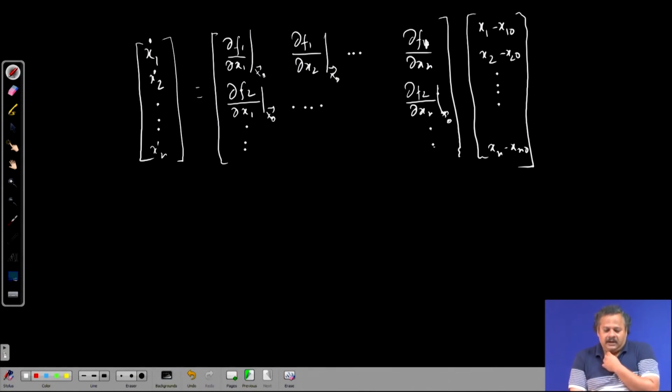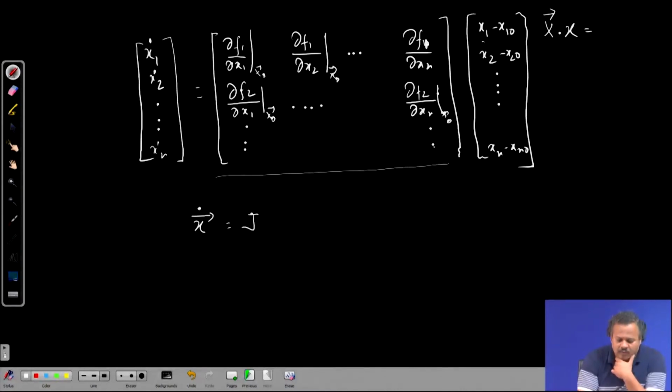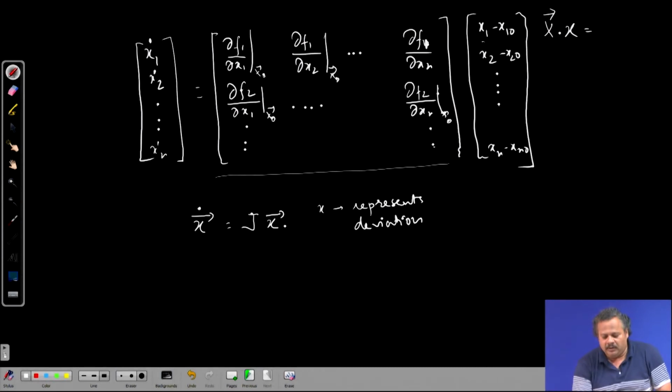Now if we replace capital X by little x, then this whole equation can simply be written as x dot equals this matrix, which is a Jacobian, times x, where x is representing the deviation from the equilibrium point.